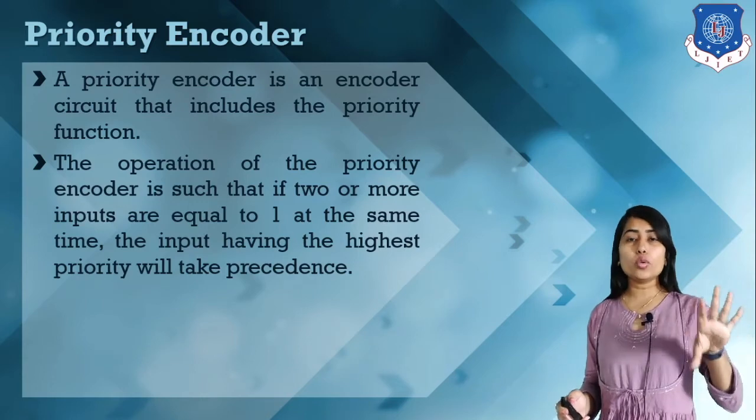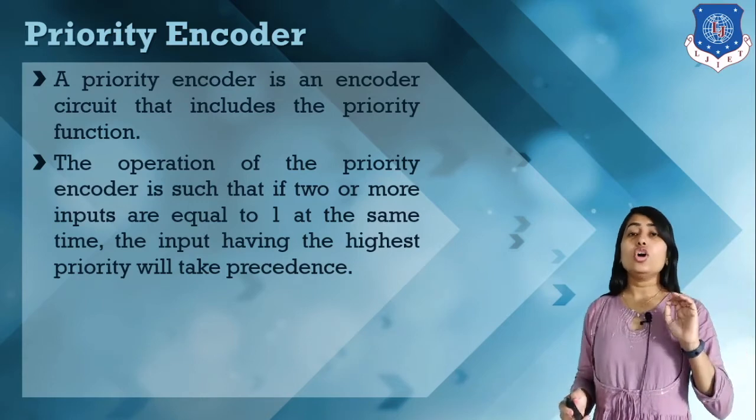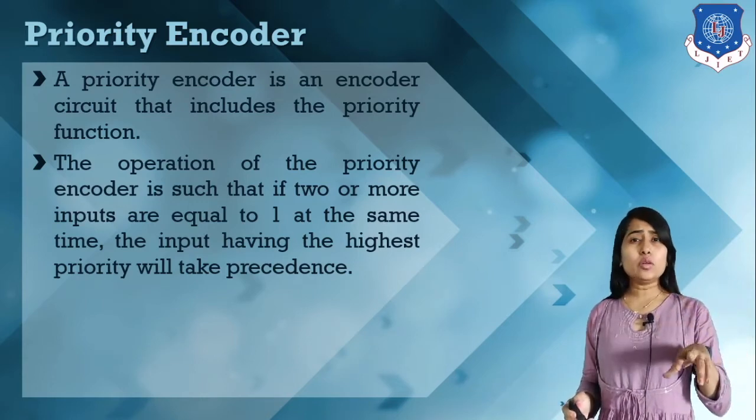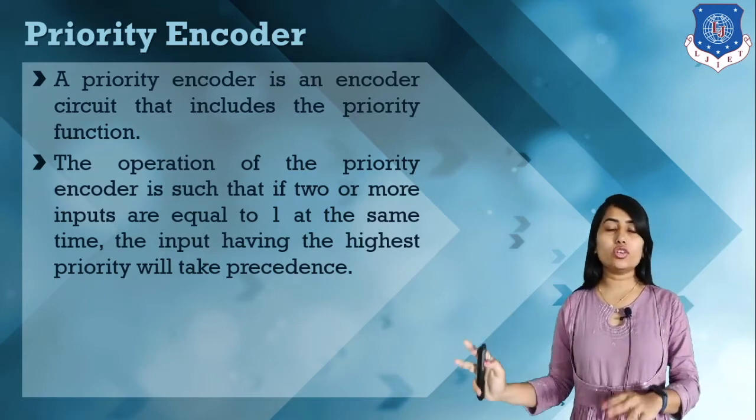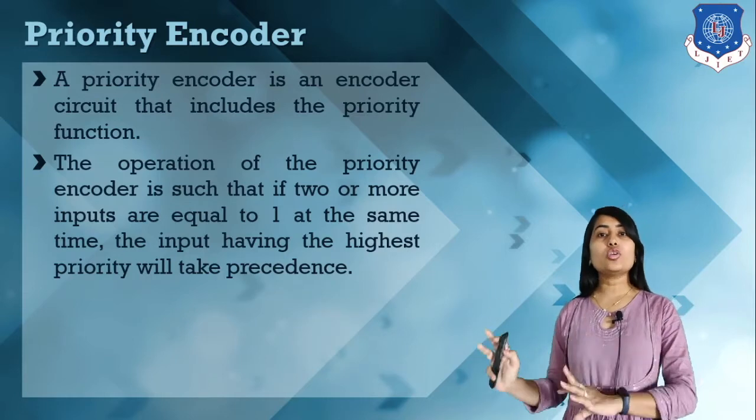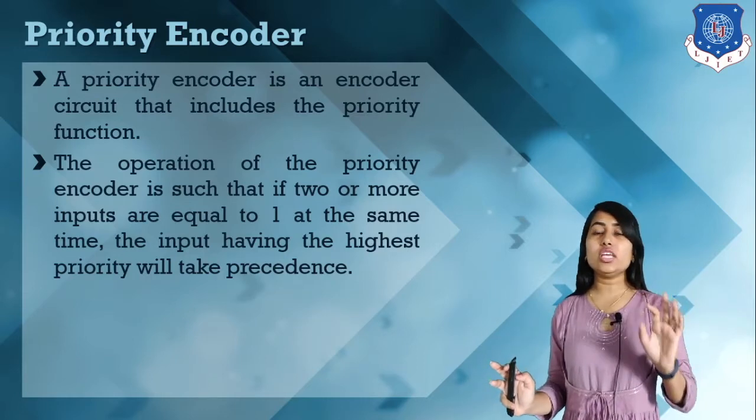If two or more inputs are equal to 1, the input condition with the higher priority determines the output. So we have an output according to the highest priority input.